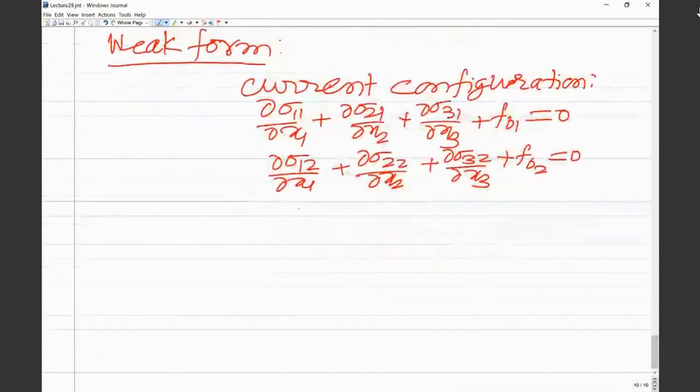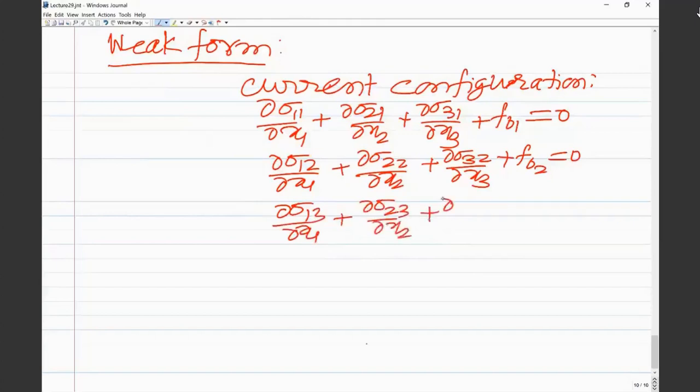And the third equilibrium equation is del sigma 13 upon del x1 plus del sigma 23 upon del x2 plus del sigma 33 upon del x3 plus FB3 is equal to 0. So these are the equilibrium equations. Now we write the weighted residual statement.